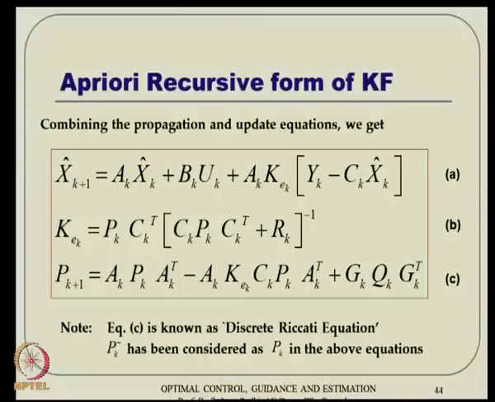So, the minus plus superscript notation is dropped here, and you can say, okay, this is my observer equation where I need a K_k. So, K_k I will compute that way, where we need a P_k, but P_k will turn out to be obtained from this propagation. We initialize P_k, but using this equation we can propagate P_k actually.